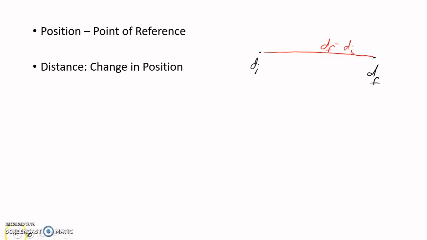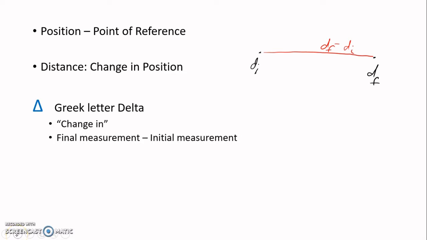In physics, we often use this symbol to indicate a change in. This little blue triangle here is the Greek letter delta and always indicates change in or difference between. We always calculate this as the final measurement minus the initial measurement.